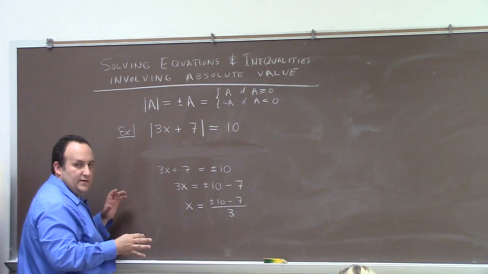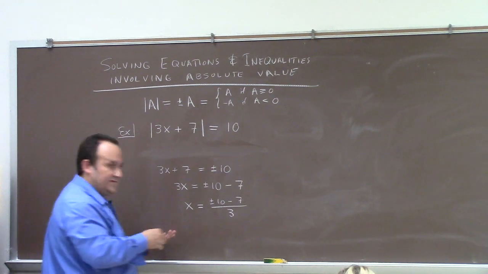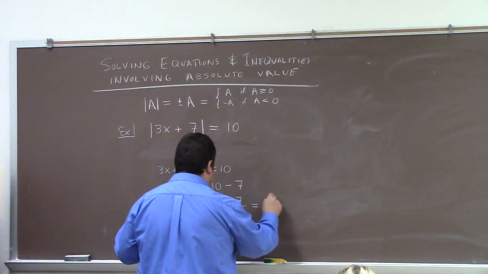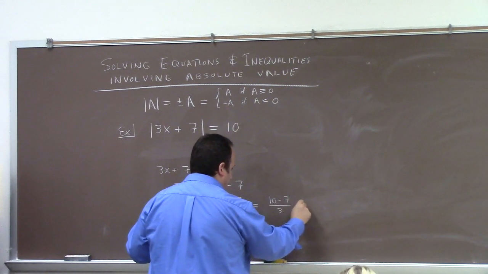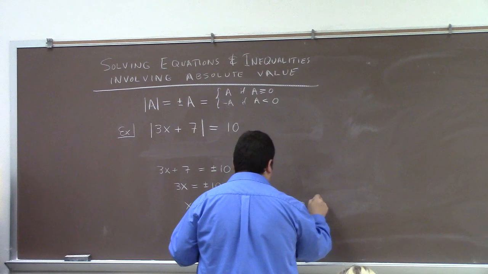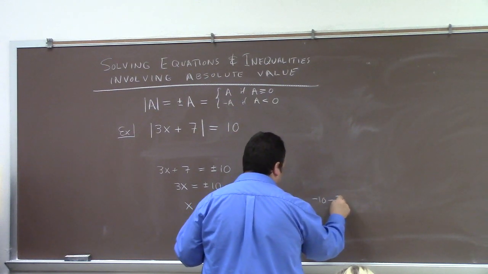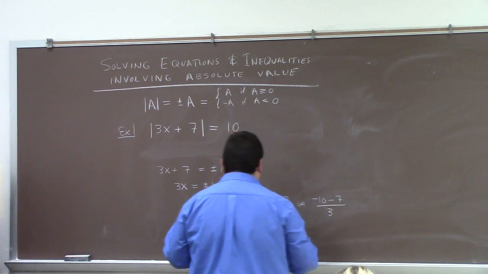And then we can break out the plus and the minus. What does that give us? We've got 10 minus 7 over 3, or minus 10 minus 7 over 3.